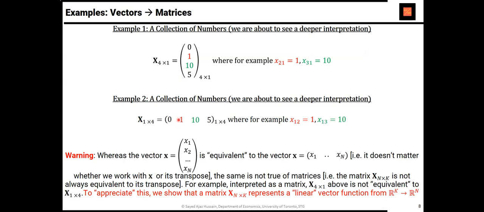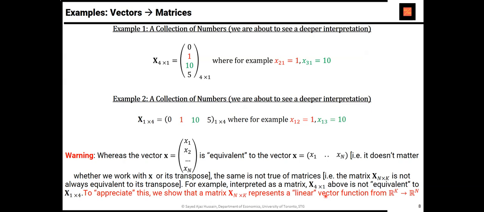And you might be saying, well, wait a second, why does it matter? And how would you know whether you are in the world of vectors or in the world of matrices? Well, one way to appreciate why it does matter whether you work with columns or rows is because you're about to show that a matrix is a one-to-one representation of a linear vector function.